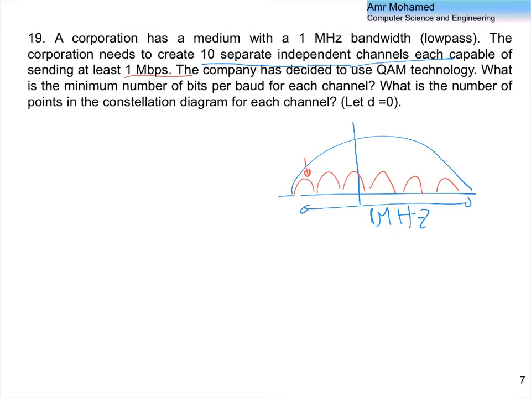Okay, so that can happen using any of the techniques that we talked about: ASK, PSK, FSK, anything. So here we are using QAM.